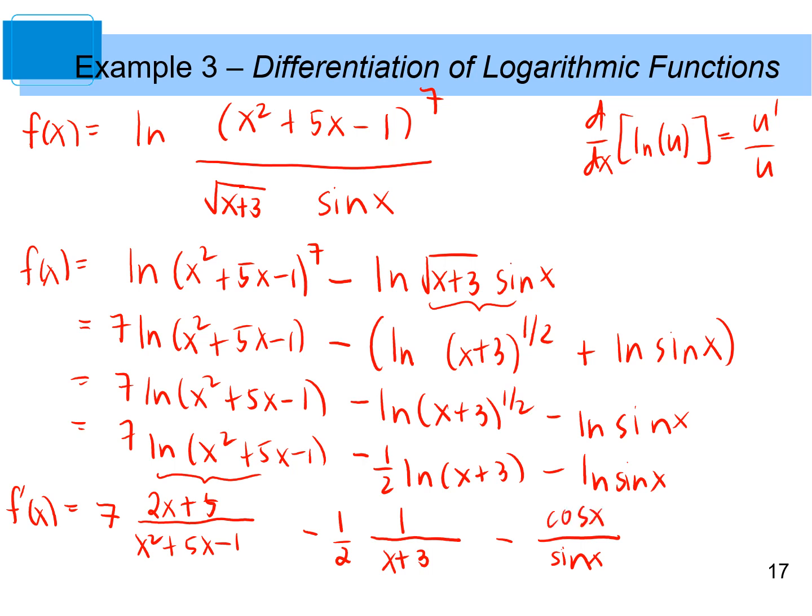Simplifying further, this is now 7 times (2x plus 5) all over (x squared plus 5x minus 1), and then you have minus 1 over 2 times (x plus 3). And finally, we can use the identity for cosine x over sine x. It's equal to cotangent of x. So this is now our derivative.